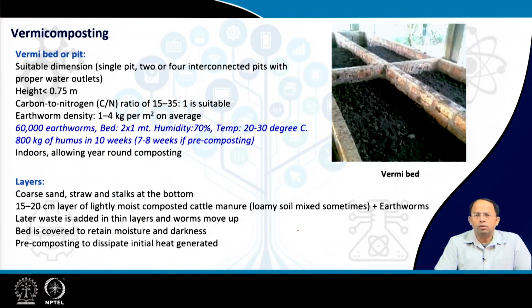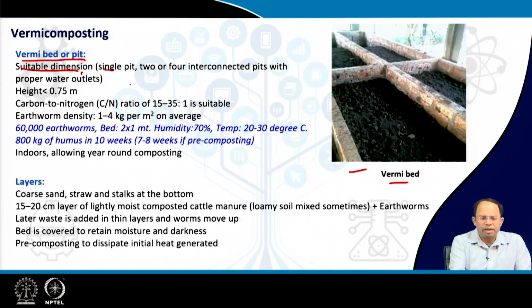Now to do vermicomposting, we have to create a bed or a vermi pit. As you can see, this is a vermi bed or pit, whichever you want to call it. To create it, first of all, the dimension would be as per convenience mostly.